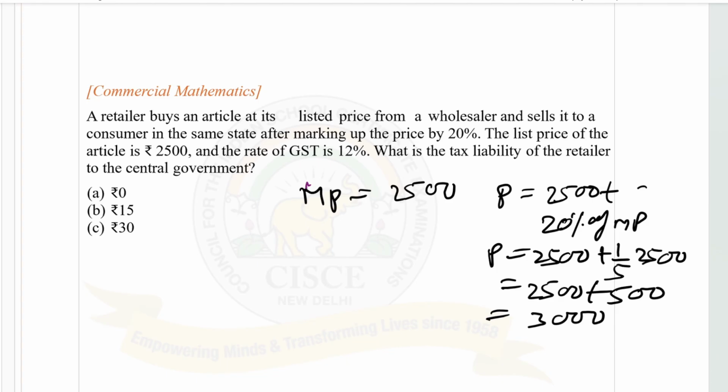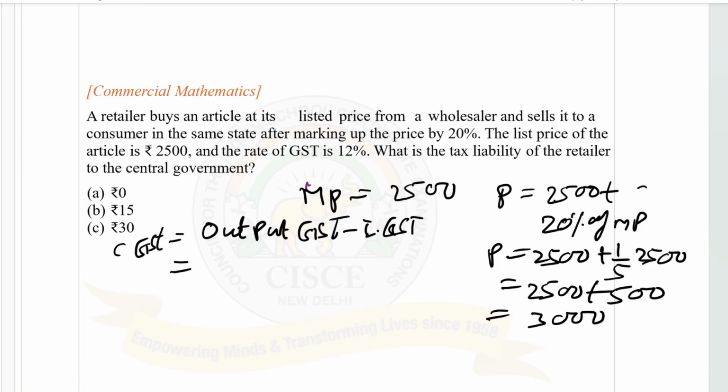Now, what is the tax liability of the retailer? For the retailer, CGST is output GST minus input GST. Output GST is the GST paid by the customer to the retailer.